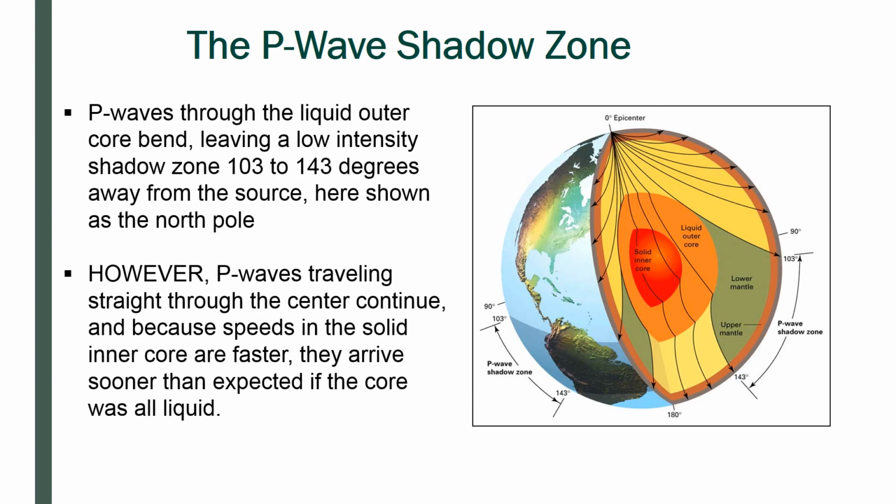P waves travel through liquid, leaving a low intensity shadow zone 103 to 143 degrees away from the source, as you see from the figure. But P waves traveling straight through the center continue, and because the speed in the solid inner core is faster, they arrive sooner than expected if the core was all liquid.